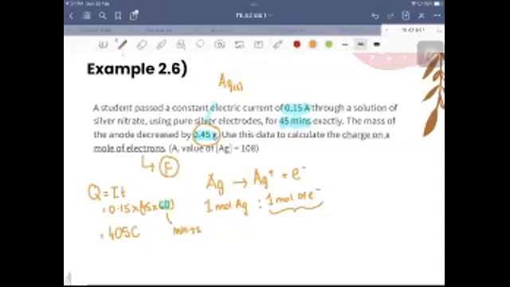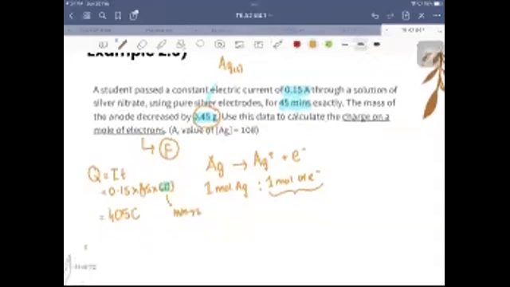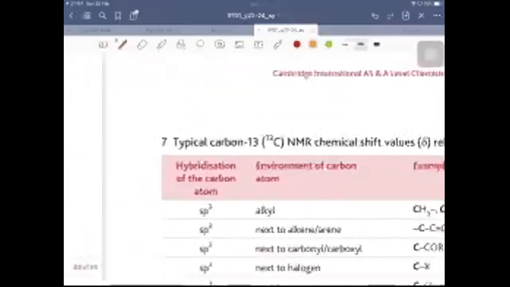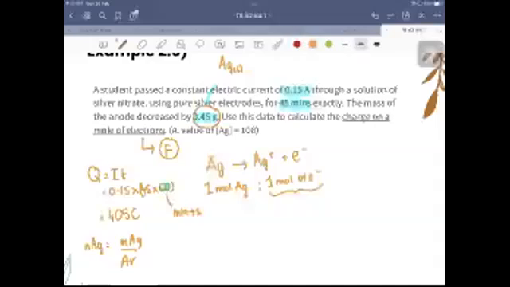So we want to convert that into number of moles. Mass over Ar. The Ar of silver is, I believe, 108. Silver is 107.9. Okay, we'll use 107.9.